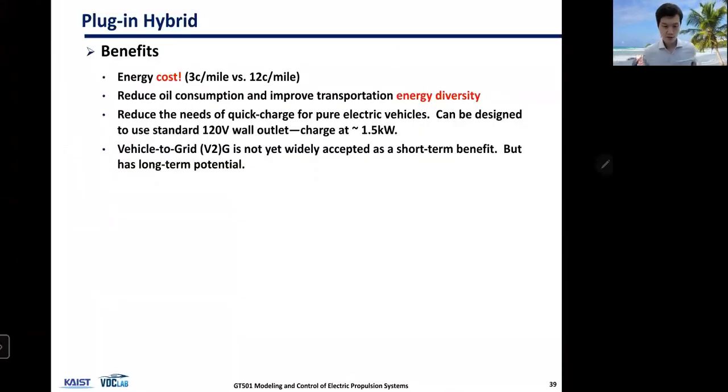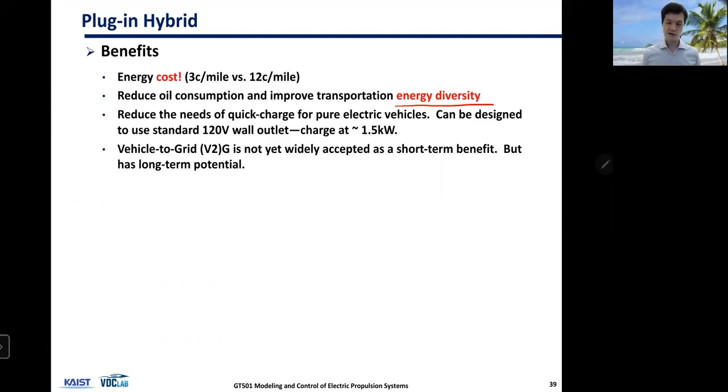Okay, plug-in hybrid. Benefits are energy cost and energy diversity, meaning that you could use either electricity or fossil fuel, and that gives you a lot of freedom.